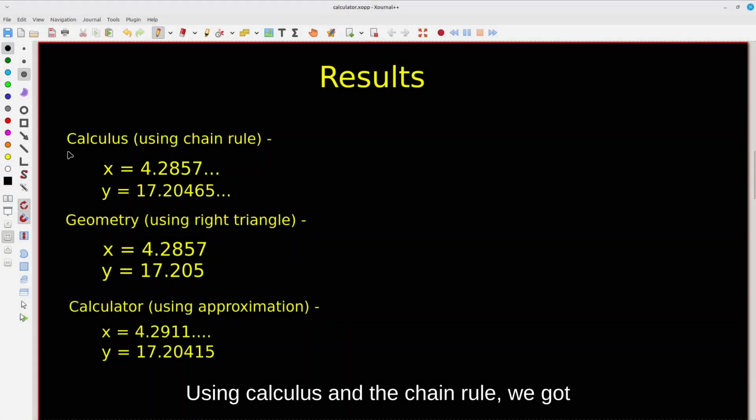Using calculus and the chain rule, we got for the value of x 4.2857 and so on, and for y, we got 17.20465, and so on. In geometry, using the right triangle method, we got 4.2857 and 17.205.